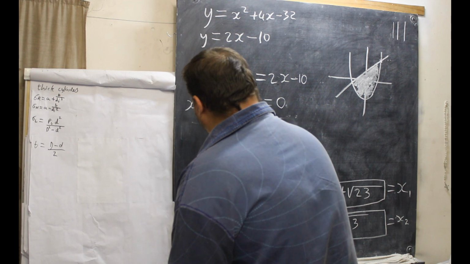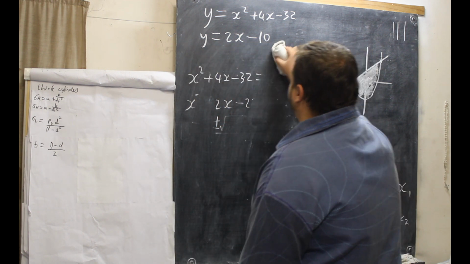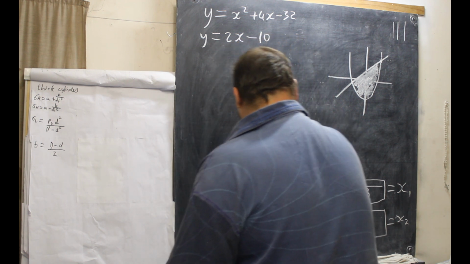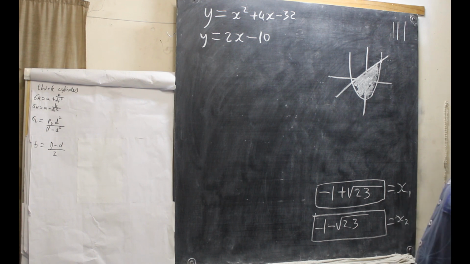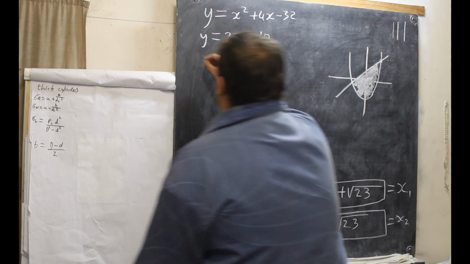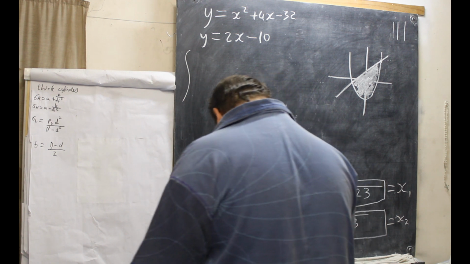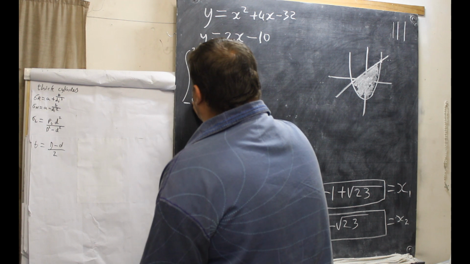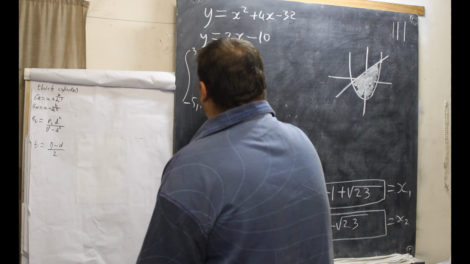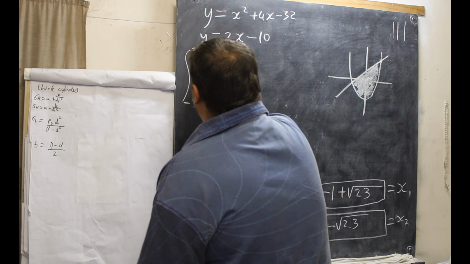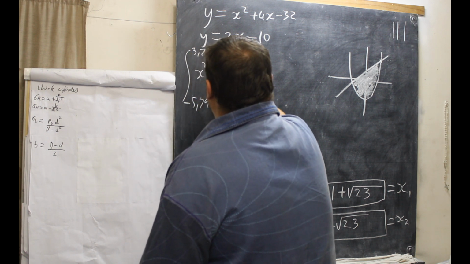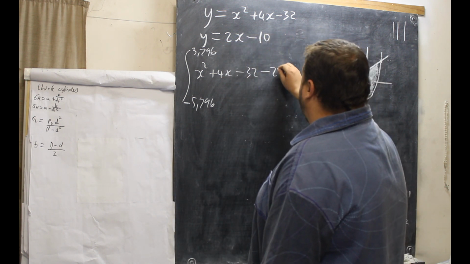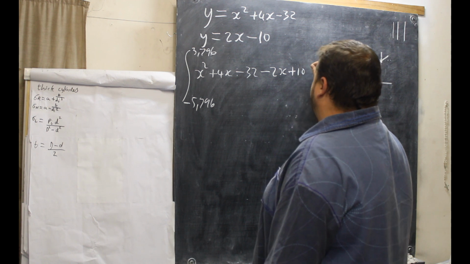So our next part goes like this. It's one equation minus the other. So the integral of x2 to x1 of x squared plus 4x minus 32 minus 2x plus 10.